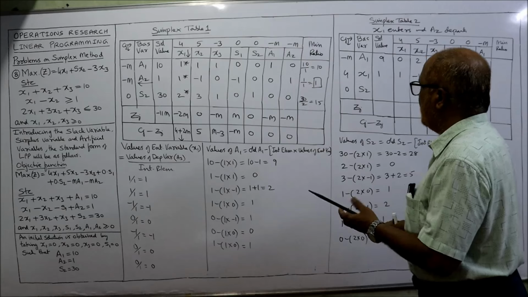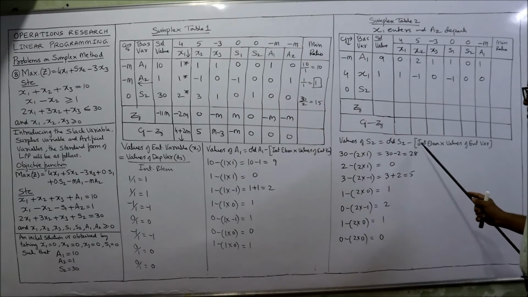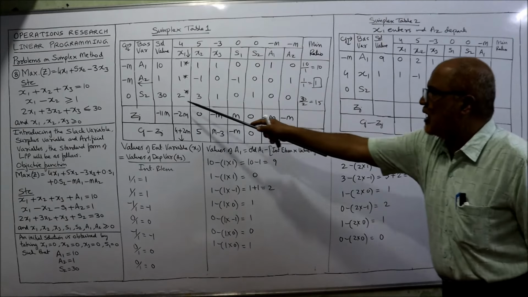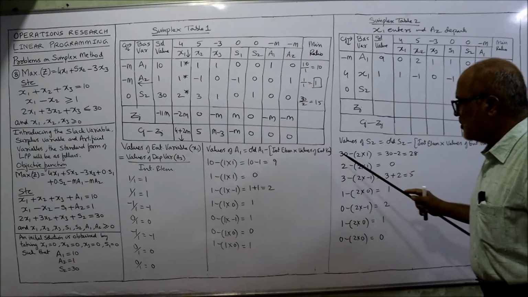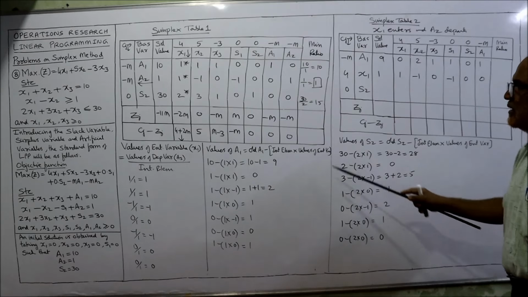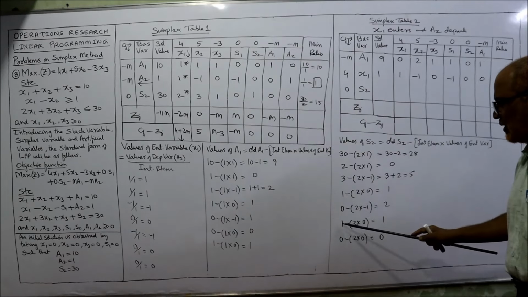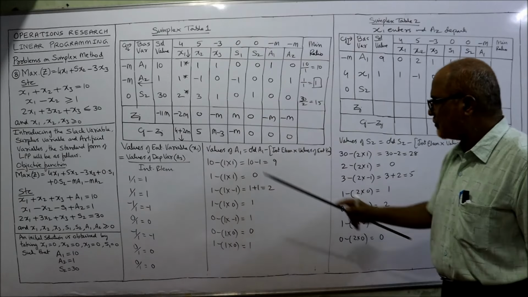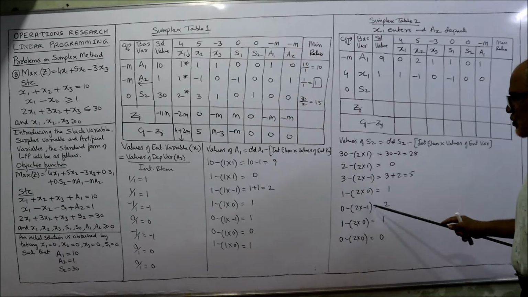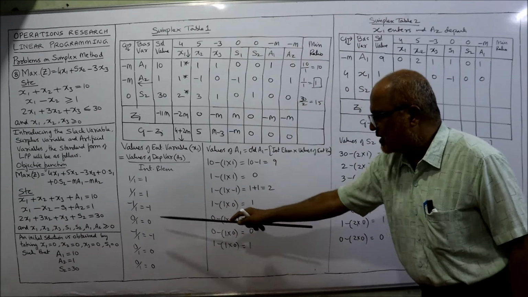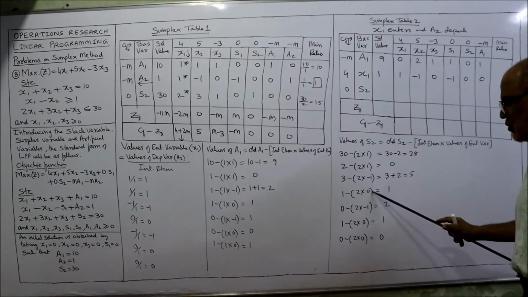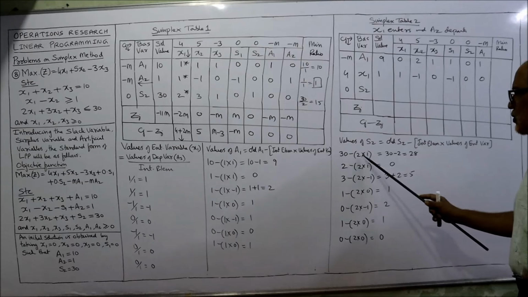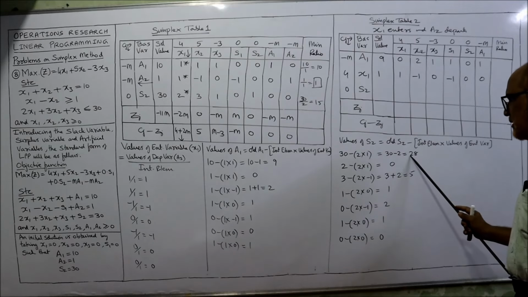Now we need the values of S2. Same formula, old values of S2 minus intersection element into values of entering variable. Old values of S2 are 32, 3, 1, then 0, 1, 0. Minus intersectional element of S2 is 2. Take 2 into values of the entering variable 1, 1, minus 1, 0, then minus 1, 0, 0. Now 2 into 1 is 2. 32 minus 2, 30.